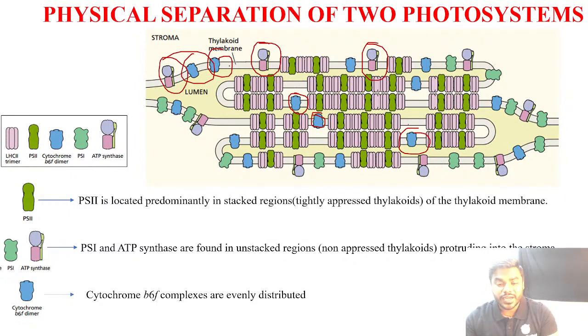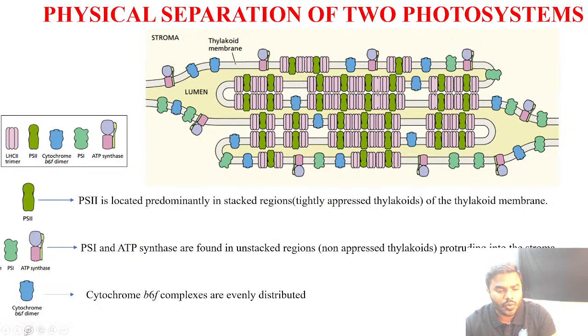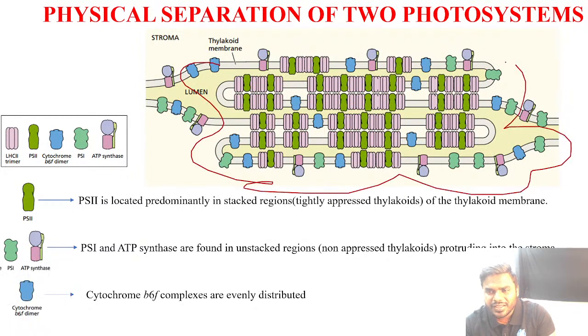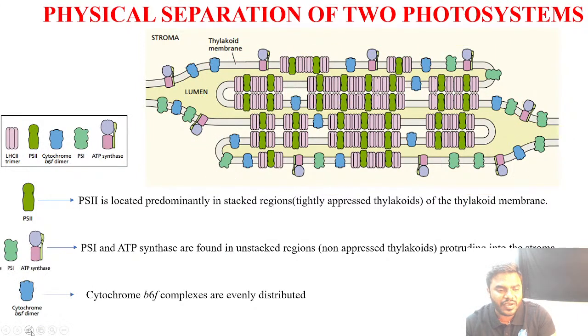Listen to me. Cytochrome b6f is present in the tightly appressed thylakoids also, non-appressed thylakoids also. So what can we say? Because it is present everywhere, I can conclude that cytochrome b6f is evenly distributed throughout the thylakoid membrane and the lumen. Never forget the statement at all.